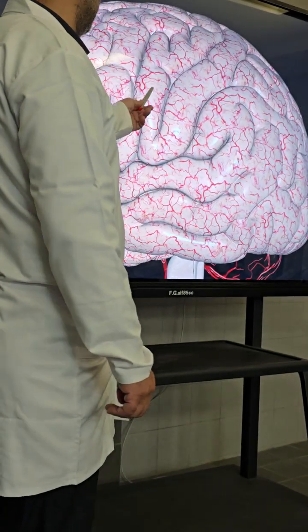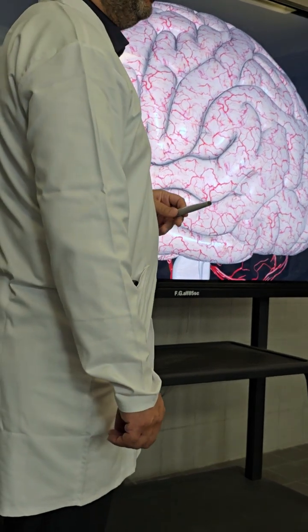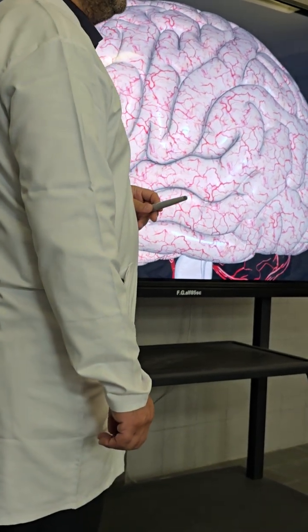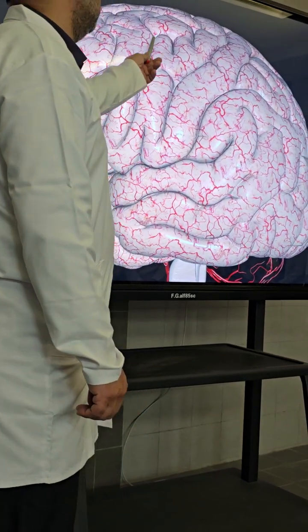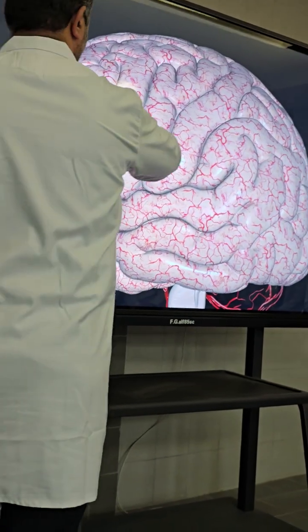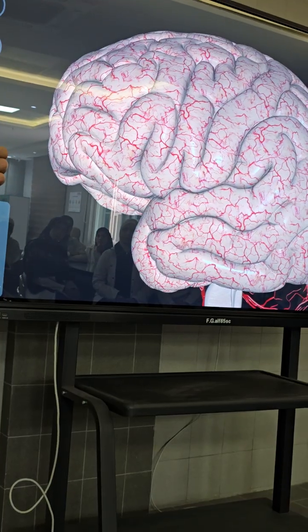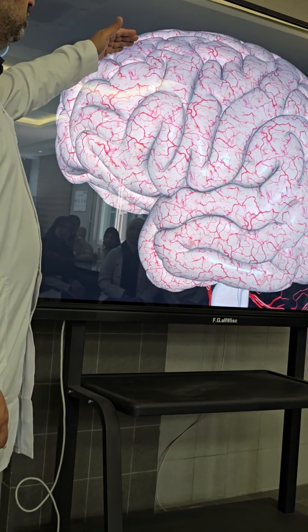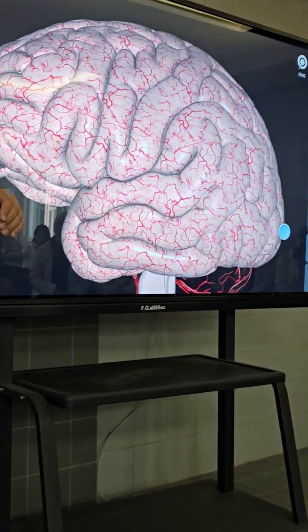Between the precentral and central sulci, there is the primary motor area or precentral gyrus, Brodmann's area number 4. Anterior to the precentral sulcus, there are superior and inferior frontal sulci, and there are three frontal gyri: superior, middle, and inferior.